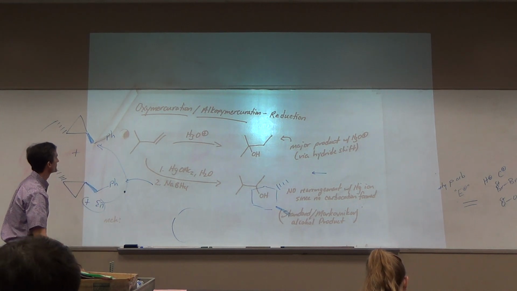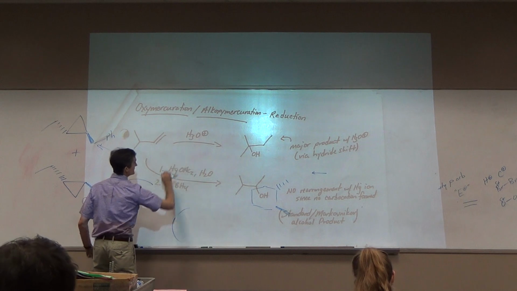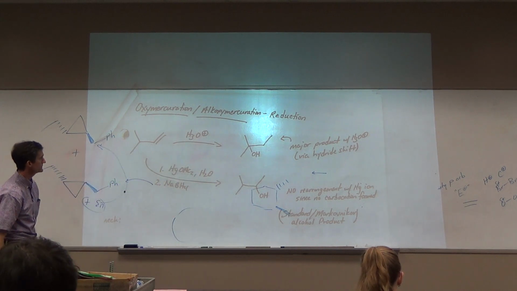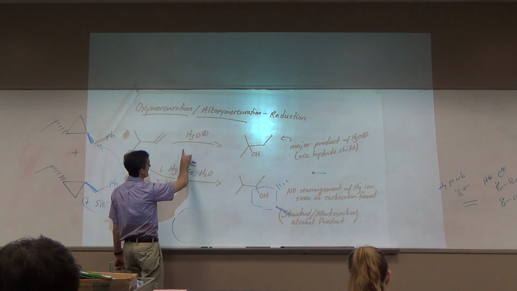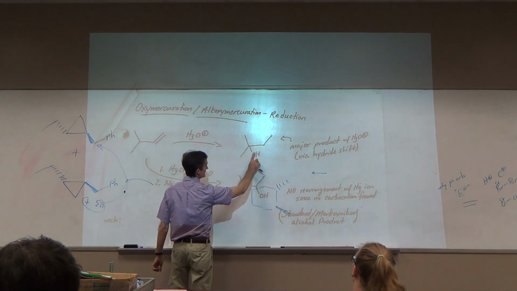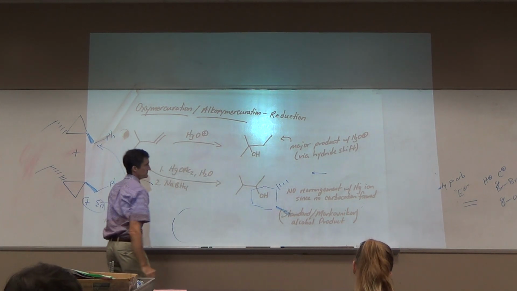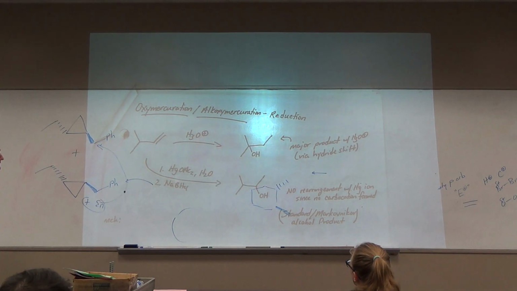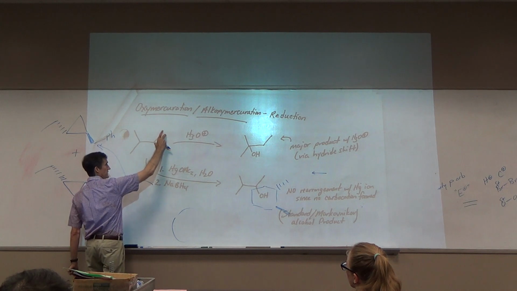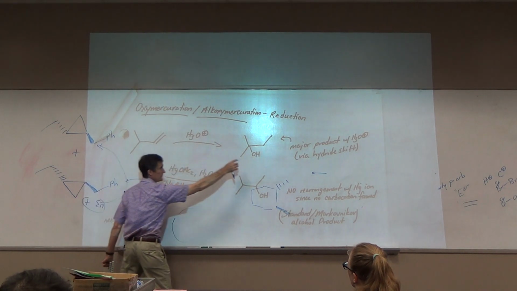Oxymercuration, next topic. Alkene reacting with aqueous acid. Do this reaction, major product is this alcohol. How do we get that product? We're doing more than just working with these two carbons. Somehow we got the nucleophile over here.